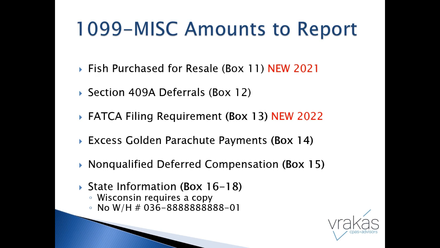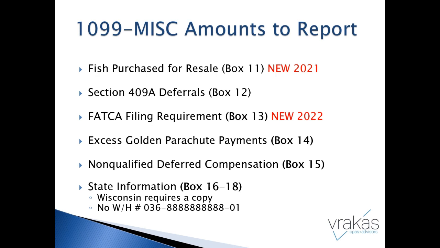So obviously if you have 5,000 in box 3 as other income, that isn't necessarily going to match box 18. Typically it would, but you could have multiple states where there have been earnings or services performed, and then you'd have multiple states listed. On one 1099, you could have 2 states listed on one form.